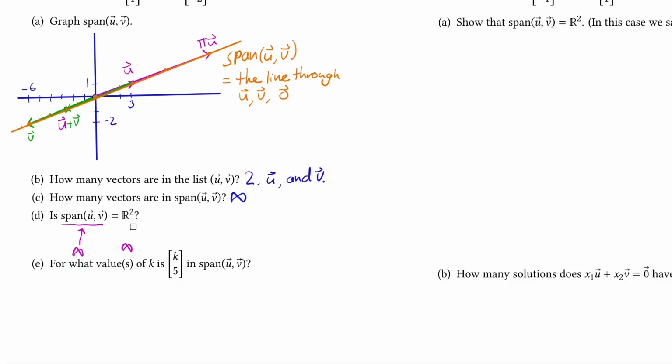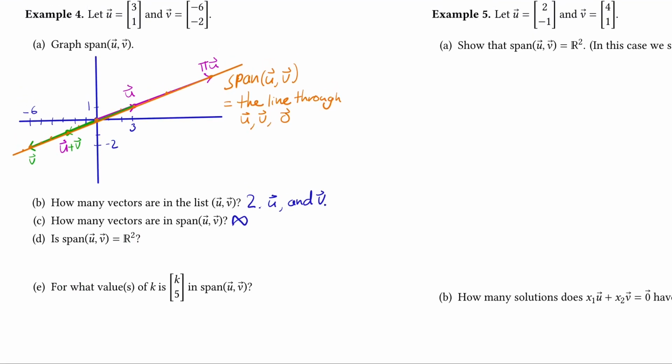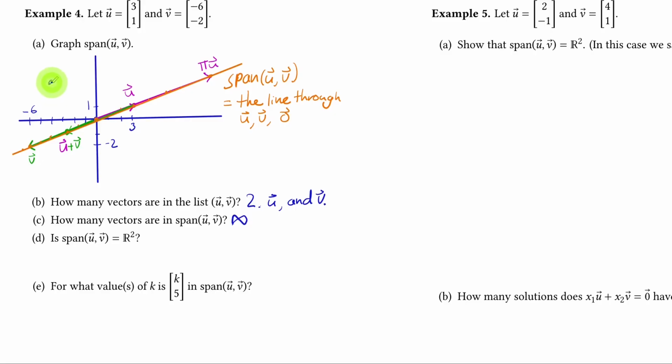Well, no. They both have an infinite number of points, but are there points in R2 that are not on this line here? Sure, there are. Like this point over here, which is like (-5, 4) or something. There's no way to get (-5, 4) as a multiple of u and or v.